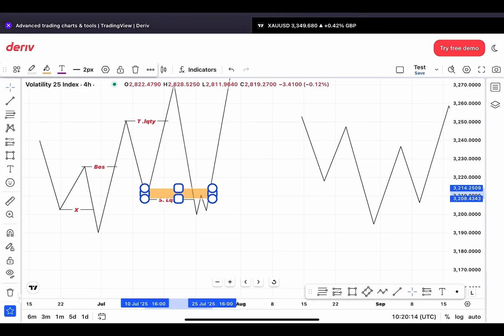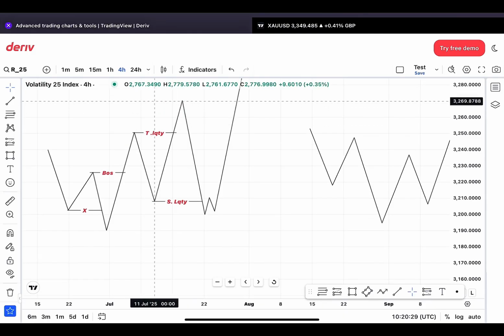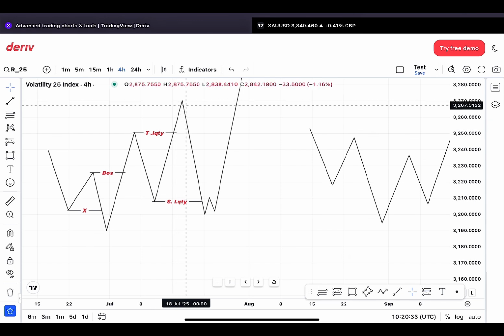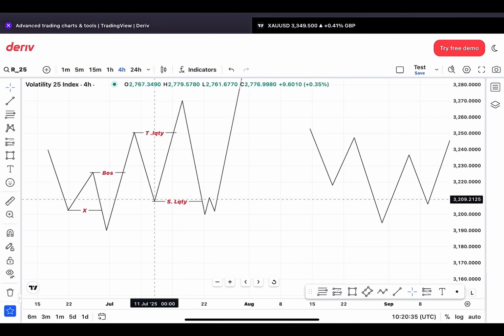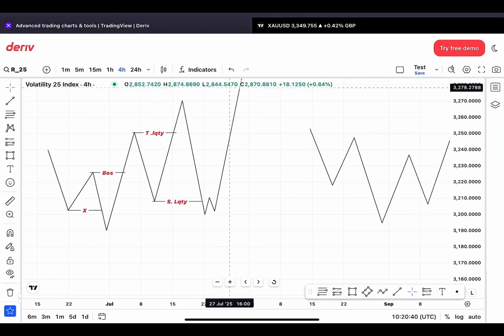And remember, whenever the market creates a structural liquidity, the market pulls up to create another high, which is called a transactional liquidity. And after the transactional liquidity, the market is more likely to go back down and take this structural liquidity to go up even more.